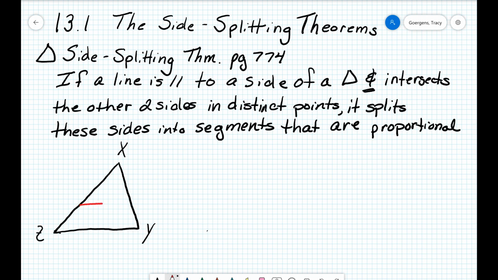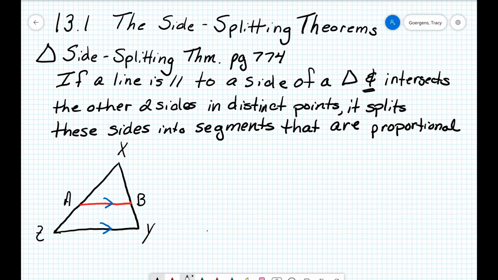Let me label it, and we'll call this one AB. Very original. What you'll notice is this line is parallel to this line, and that's going to allow us to set up some distinct things. We're going to have some proportional relationships going on here.